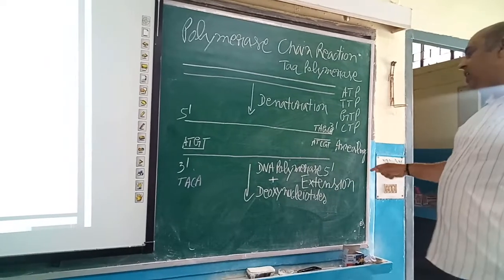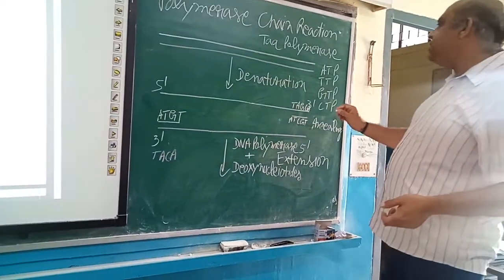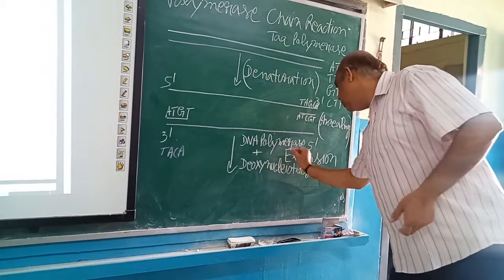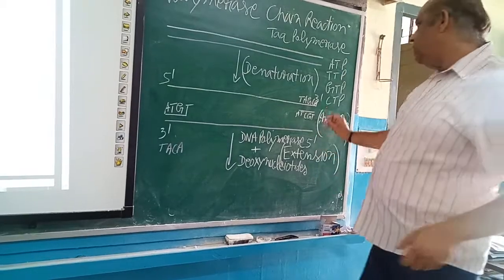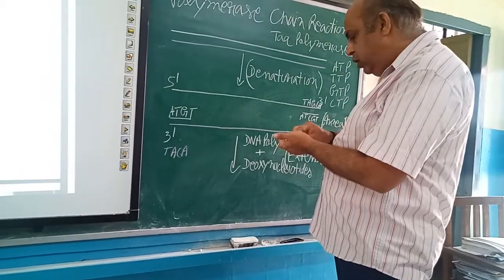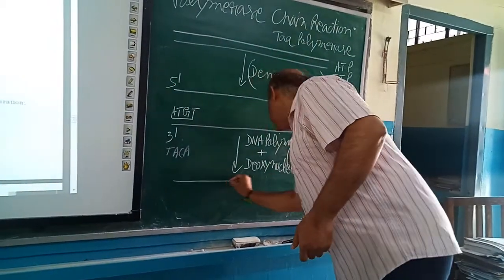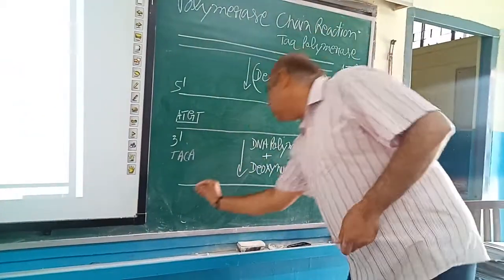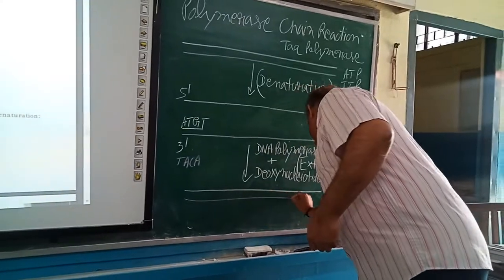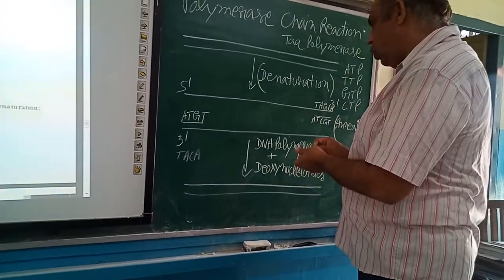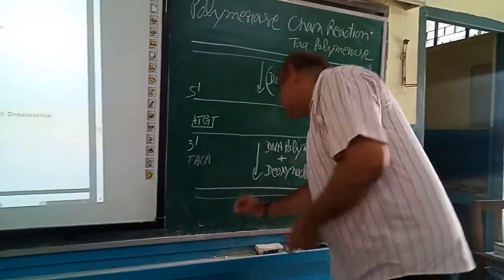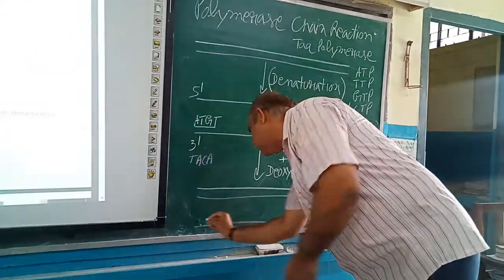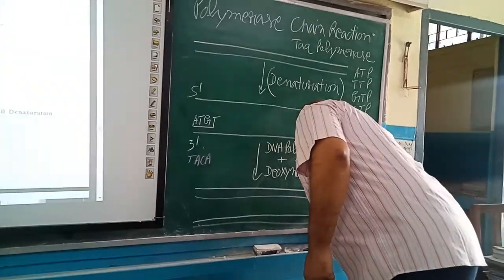Now the next step is extension. During extension, what is going to happen? There will be synthesis of a new DNA strand over these separated strands. A new DNA strand will form over the previous one, and similarly a new DNA strand will form over the second one.